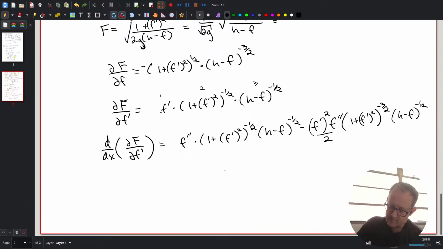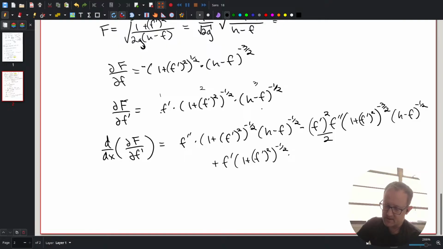And then plus the last part is f prime times 1 plus f prime squared to the negative 1/2, and then times the derivative of this one.